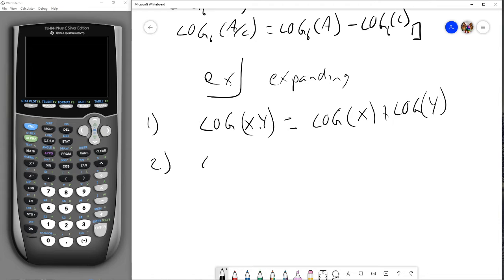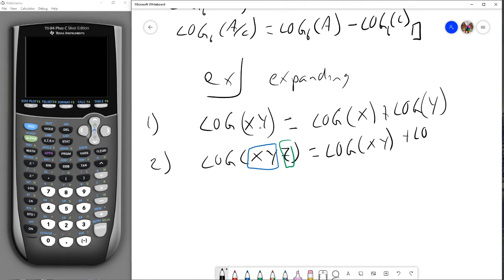Second example, if we have, say, log of xyz, well, we can think of it as this quantity in blue times this quantity in green. So we get log of xy plus log of z.